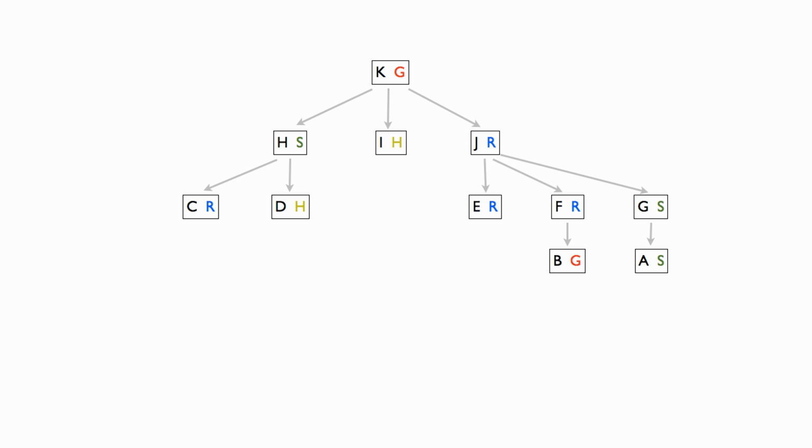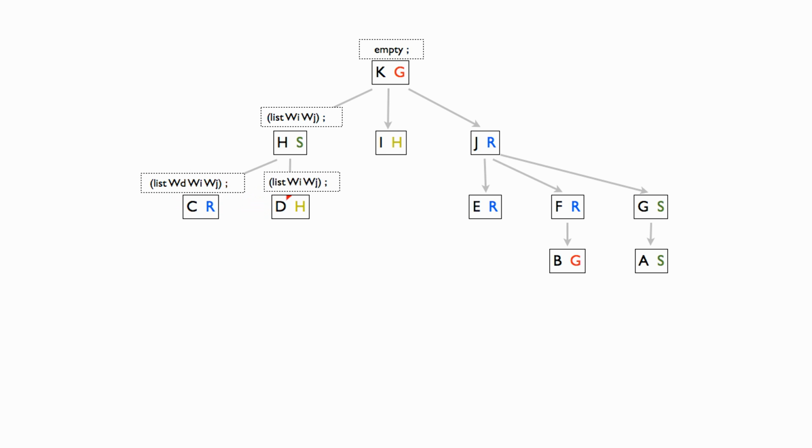Now let's talk about that work list accumulator, that to-do list. Let's write the progression of those values as we go through the traversal. So we start just as we get to K, the work list is empty. By the time we get to H, the work list has I and J on it. By the time we get to C, the work list has D, I, and J on it. By the time we get to D, the work list has I and J on it.